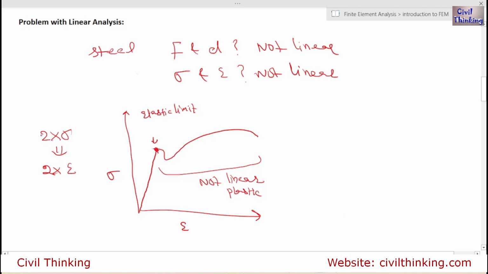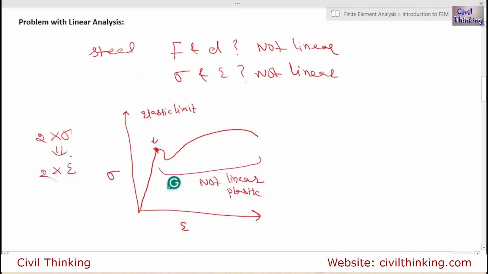And if you decrease, for example it was 3 first, then you decrease, you come back on this curve. Now you put the stress to only 2 times, so the strain will also change to 2 times. So it is a reversible process, and the strain is proportional to the stress.